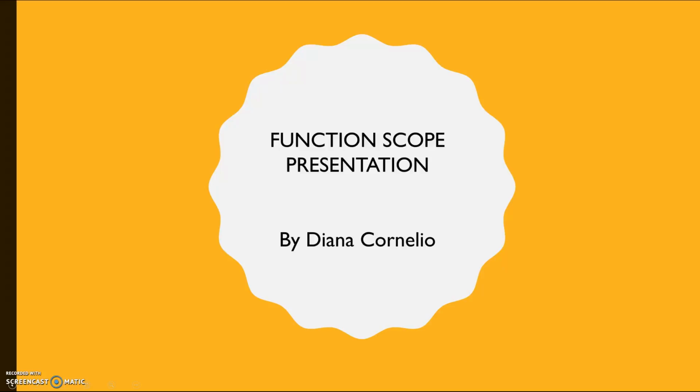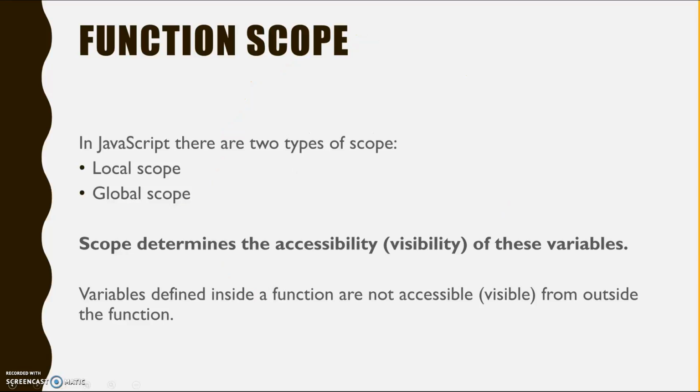I think we all are related to this function scope. We've been working all the semester with the scope. So function scope has two types of scopes, local scope and global scope. Scope determines the accessibility or visibility of variables.